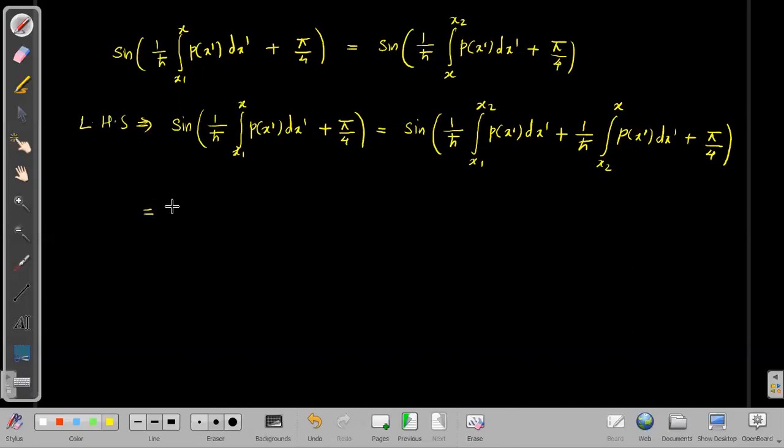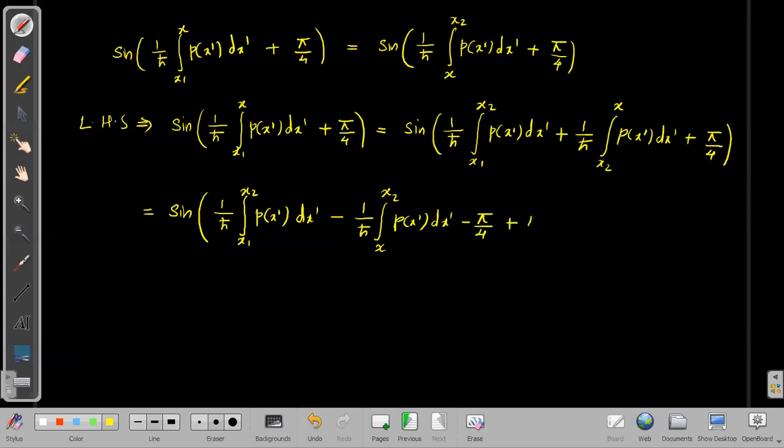Now that can be written as sine of, okay, better I'll write plus, so plus 1 by h cross integral x1 to x2 of p of x prime dx prime minus 1 by h cross integral x to x2 of p of x prime dx prime, minus pi by 4 plus pi by 2.